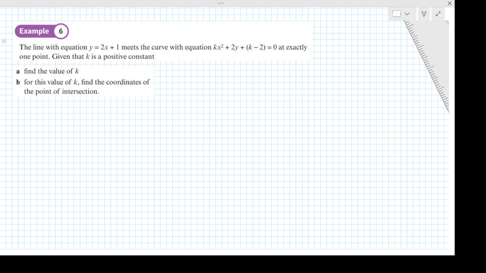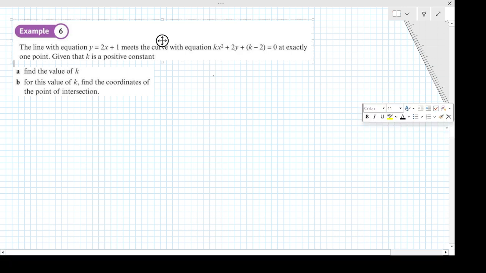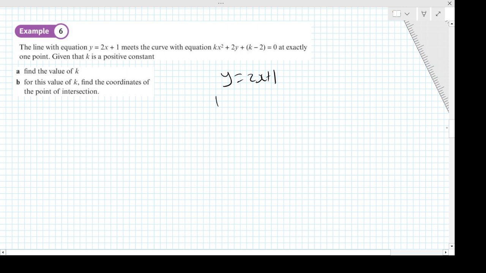In this example, we are told the line with equation y is 2x plus 1 meets the curve with this equation at exactly 1 point. So I'm going to write these equations down. So y is 2x plus 1 and kx squared plus 2y plus k minus 2 equals 0. And we are told that they meet at exactly 1 point.